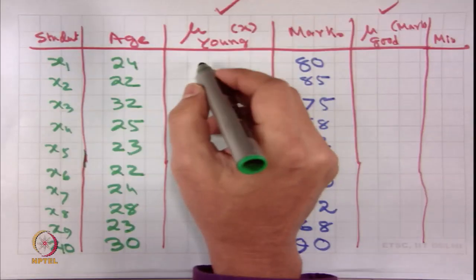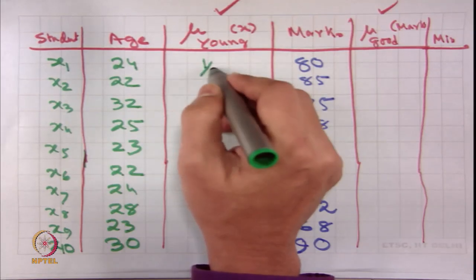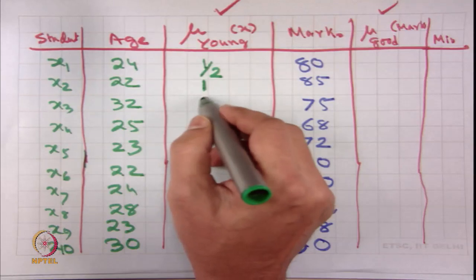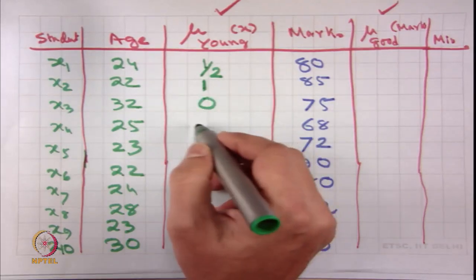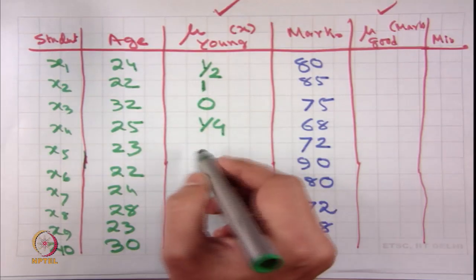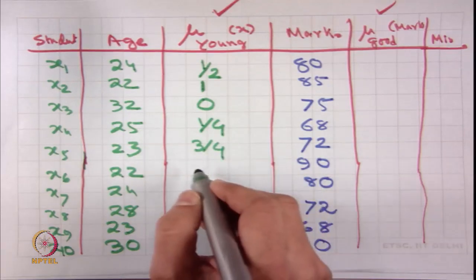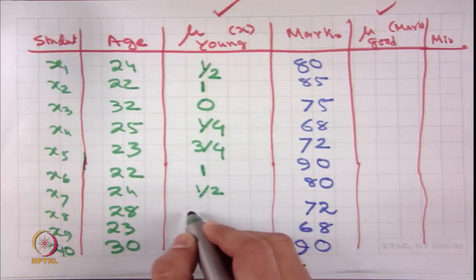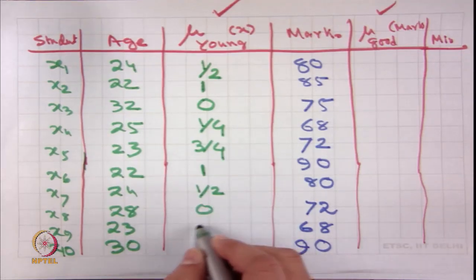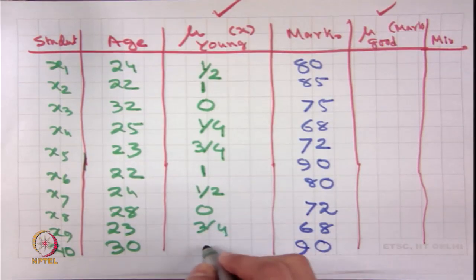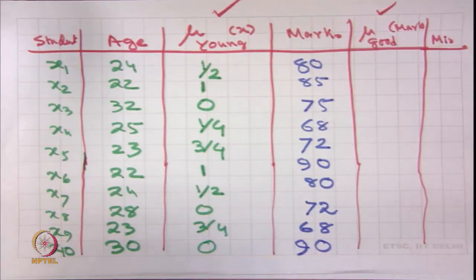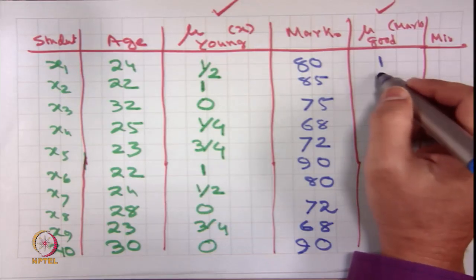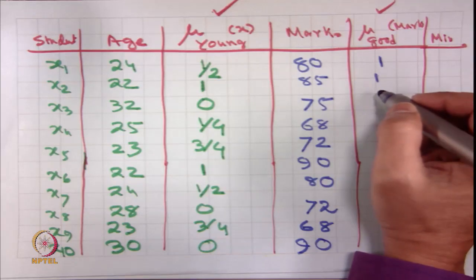So, membership of 24 to young is half, membership of 22 to young is 1, membership of 32 is 0, membership of 25 is 1 by 4, membership of 23 is 3 by 4, membership of 22 is 1, membership of 24 is half, membership of 28 is 0, membership of 23 is 3 by 4, and membership of 30 is equal to 0.